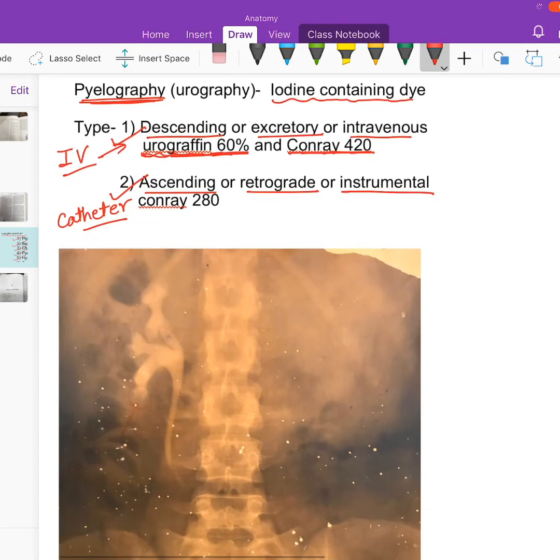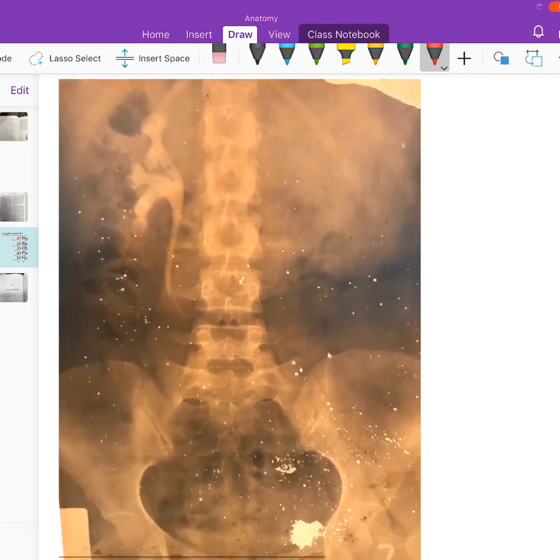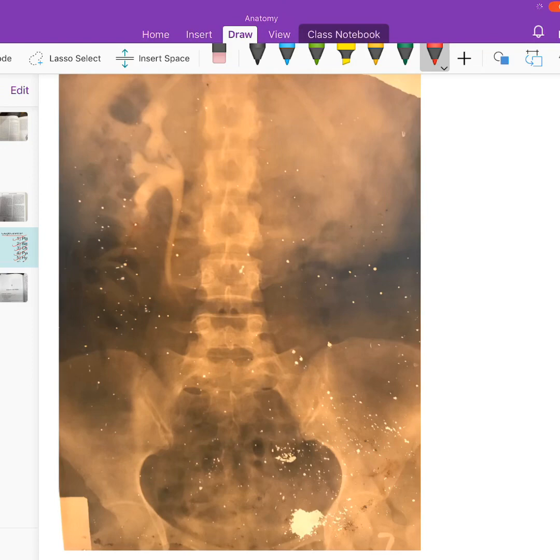After injection, we will take a radiograph of the abdomen after 5 minutes, and a second radiograph after 10 minutes. This intravenous pyelography is not only performed to obtain an anatomic evaluation of the urinary tract but also done to determine the functional status of the kidney. So it constitutes one of the renal functional tests.